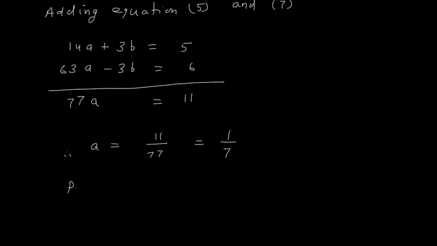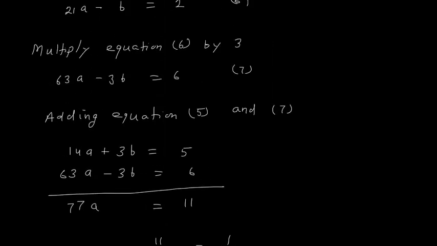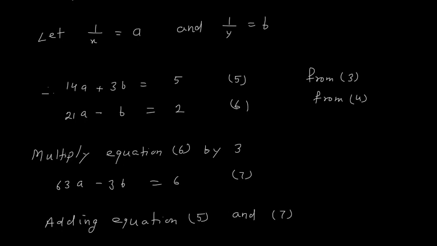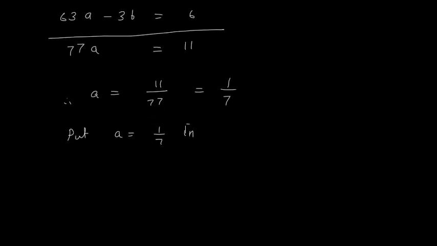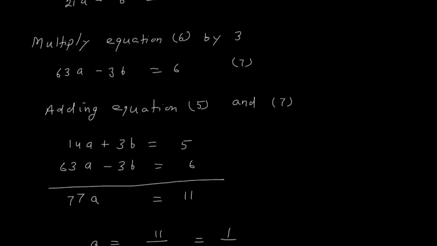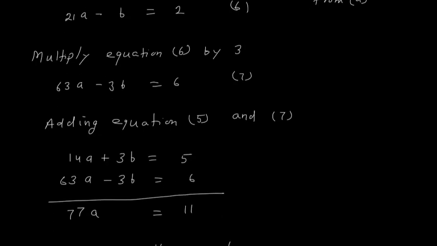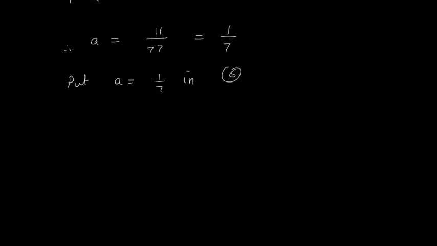Okay. Now we put this value of a, which is 1 by 7, in any of the equations. So let us put this in equation 6. So equation 6 is 21a minus b equal to 2.